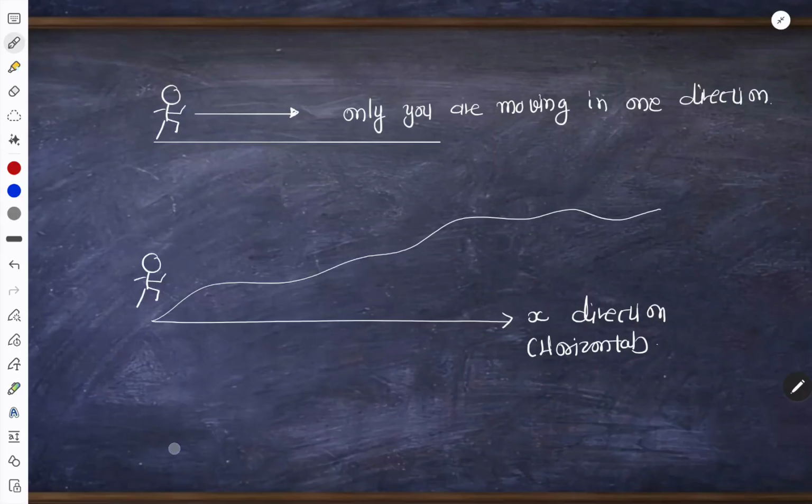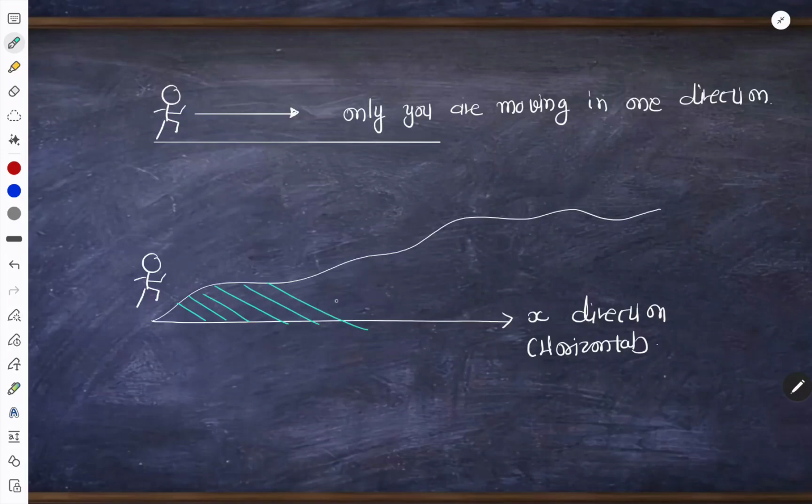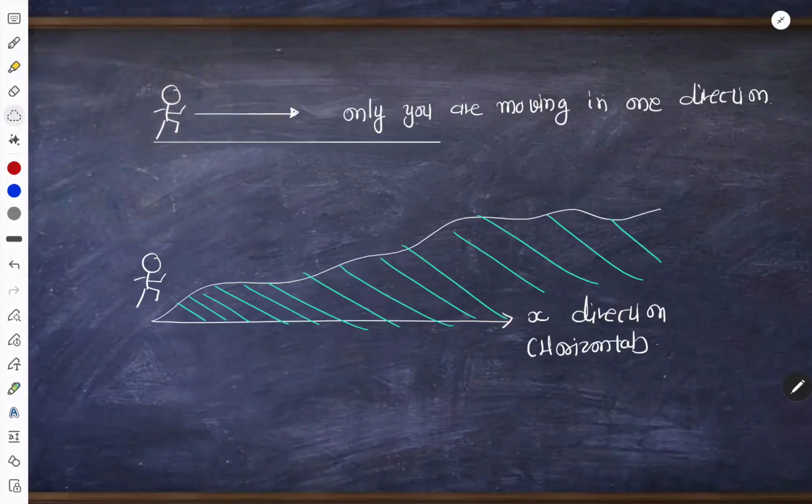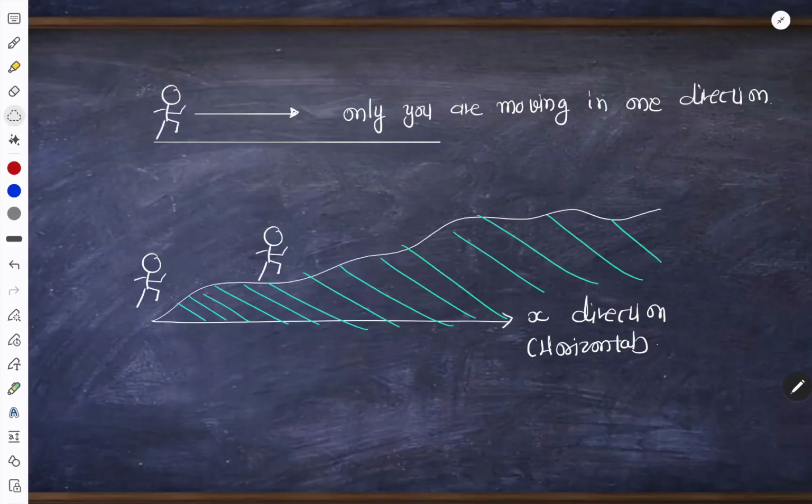Now because we have this slopey area, when you are trying to move in the forward direction, you have covered this forward distance, but along with that you have also covered this vertical direction. Let's say it's y.